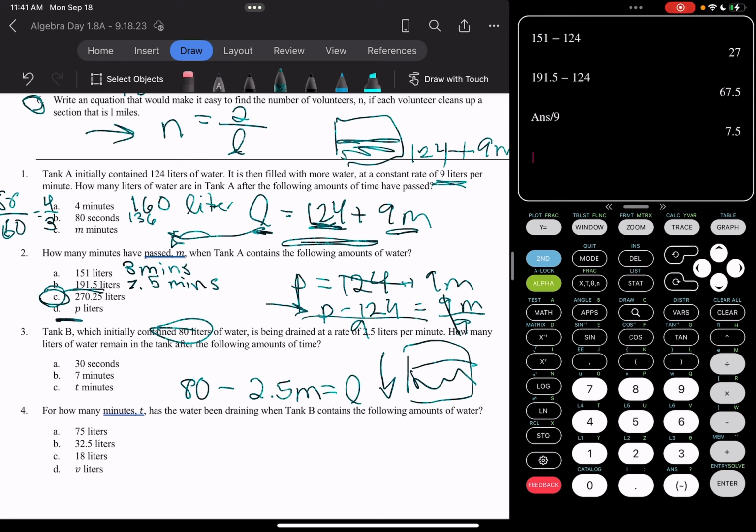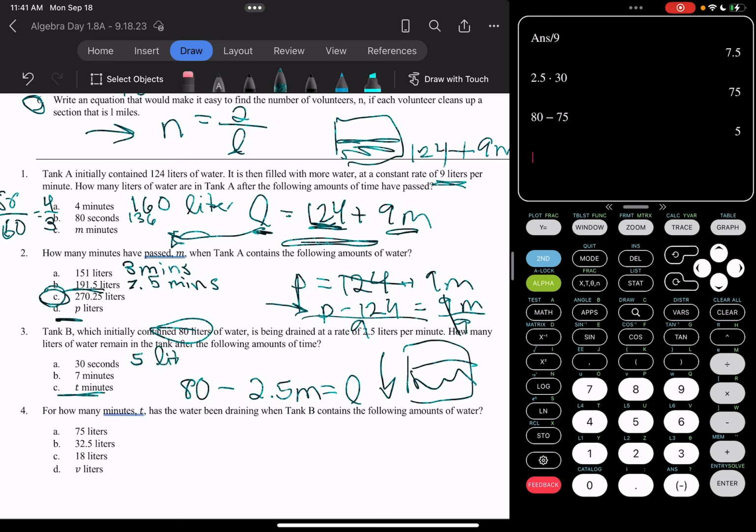Here it's asking you to do T minutes, so you could replace that M with a T, but you're going to do 2.5 times 30 and then subtract that from 80. So 80 minus 75 is 5. So after 30 seconds, there's only 5 liters left.